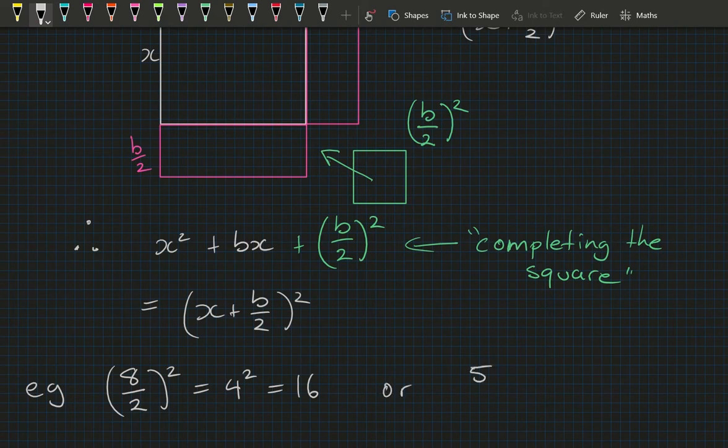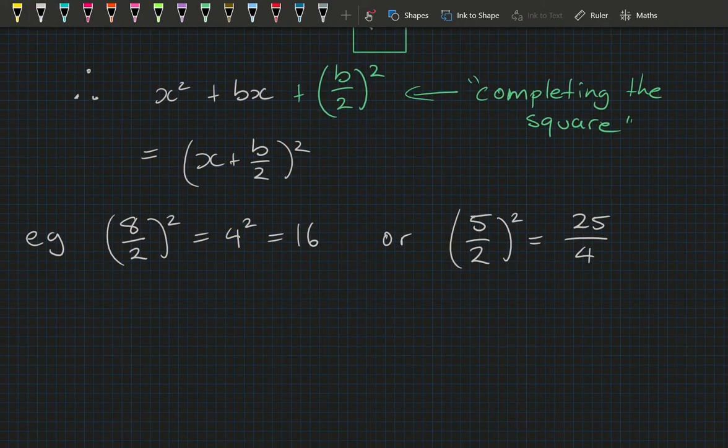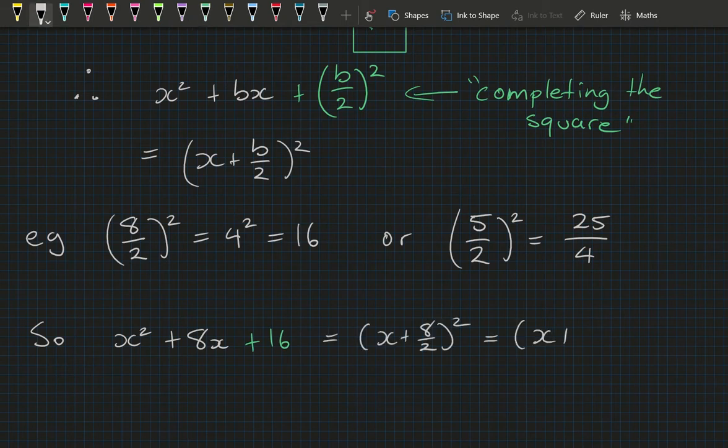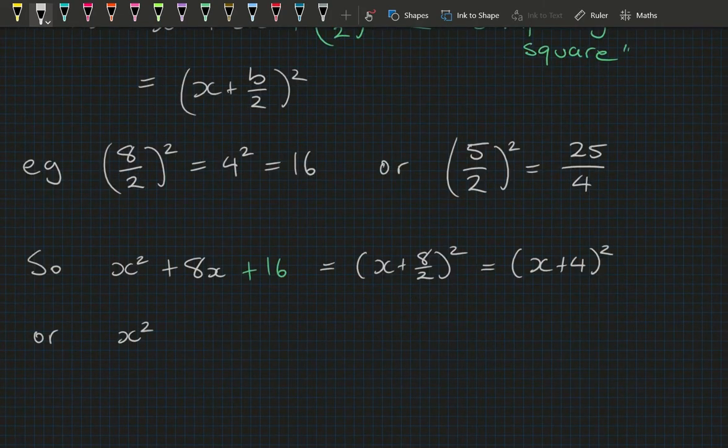Or (5 on 2) squared is equal to 25 on 4. So this means that x squared plus 8x plus 16 is equal to (x plus 8 on 2) squared, or (x plus 4) squared. And similarly, x squared plus 5x plus 25 on 4 is equal to (x plus 5 on 2) all squared.